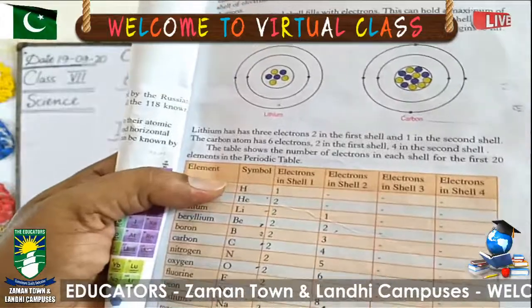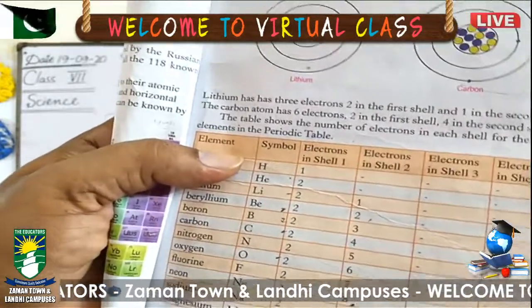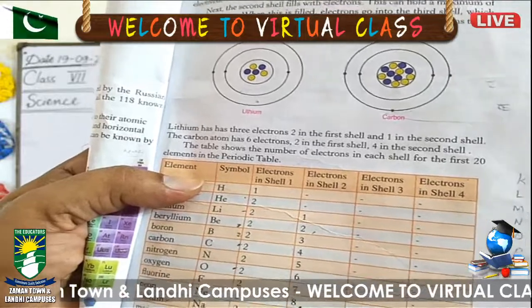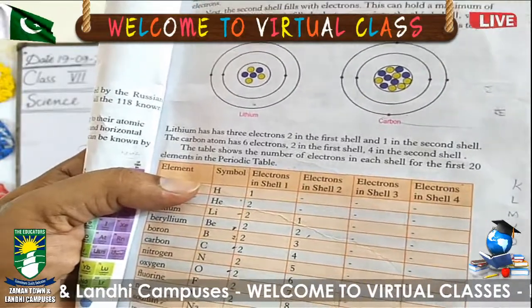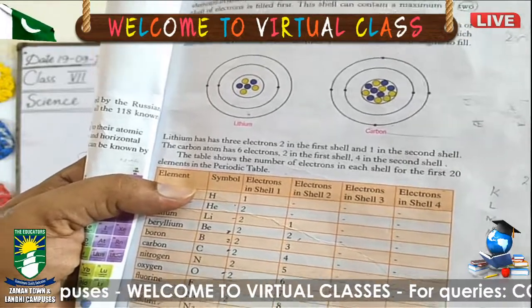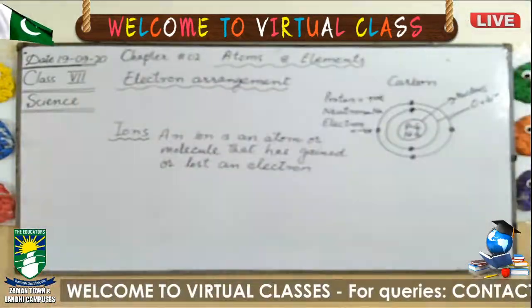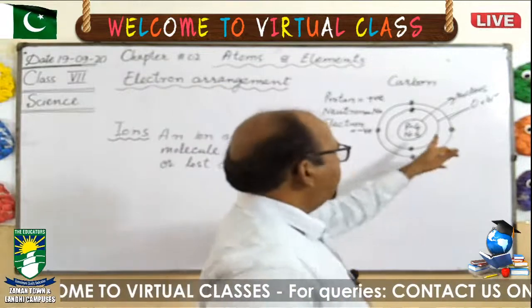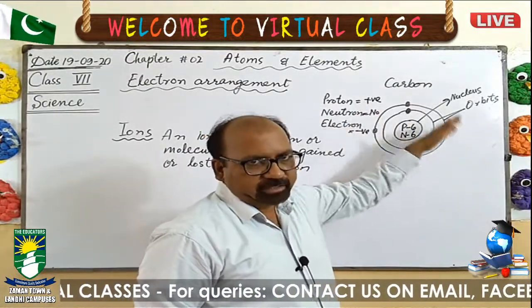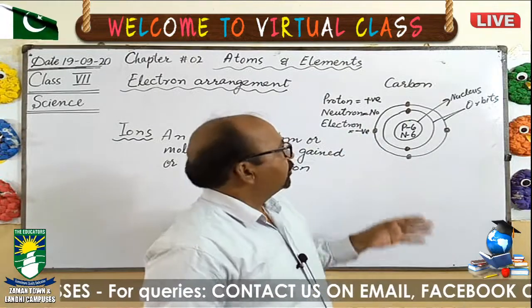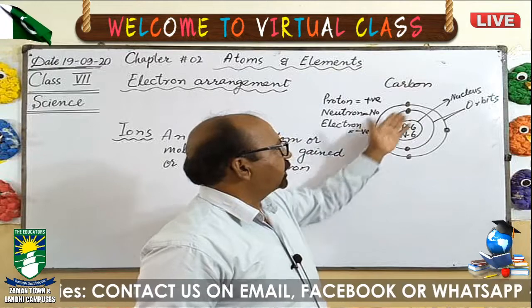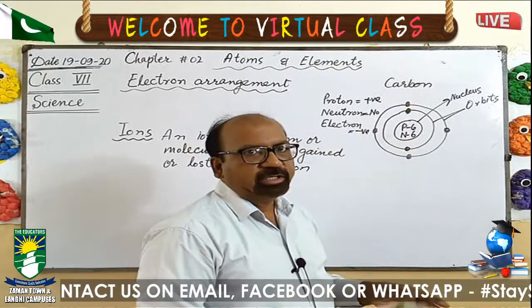In the first orbit only 2, the other 8 will be in the second orbit. 2 plus 8 is 10. Now 2 are left and these 2 will go in the next orbit. Here I have drawn only 2 orbits, but there are other orbits as well, because carbon has only 6 electrons, so other orbits are not necessary to be drawn.